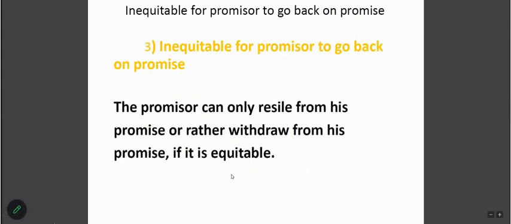That means to say, the promisor can only withdraw from his promises if it is equitable. The word equitable means everything done must be fair, and equitable to both parties. Okay.